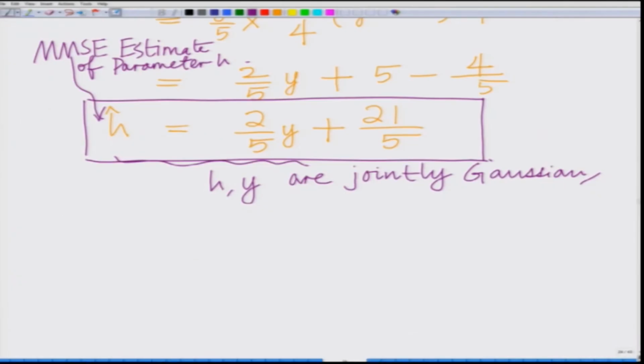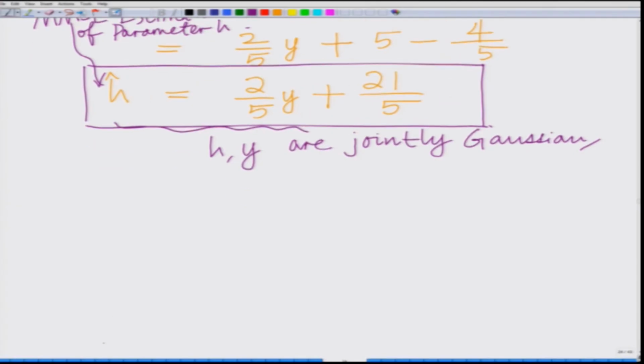So in today's example, we have computed the MMSE estimate of h given y, when h and y are jointly Gaussian and not necessarily zero mean, that is, non-zero mean. Now, let us also look at what happens when h comma y are vectors.